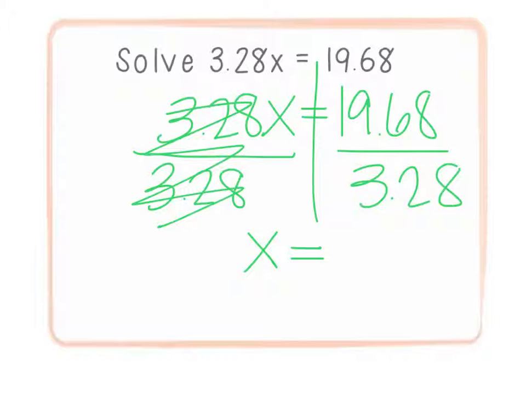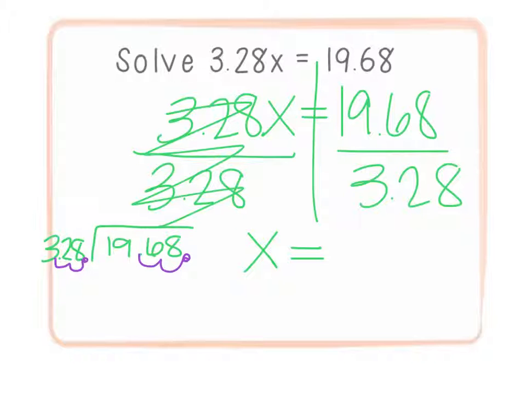And then I need to do 19.68 divided by 3.28. Remember, I need to move my decimal so it works. So now it's here. I move it 2 spots. Now it's there.